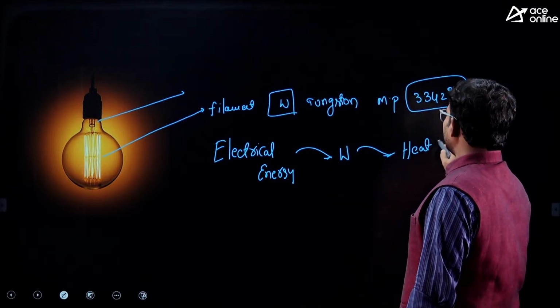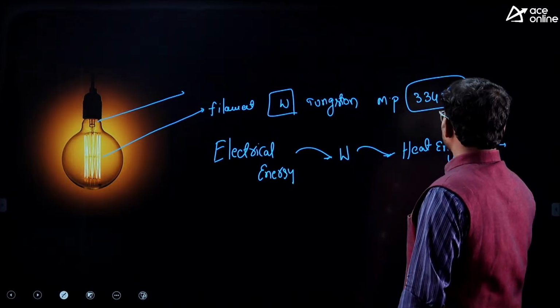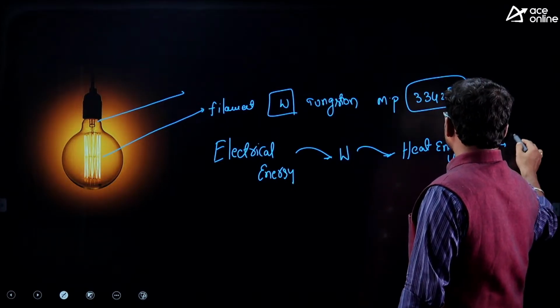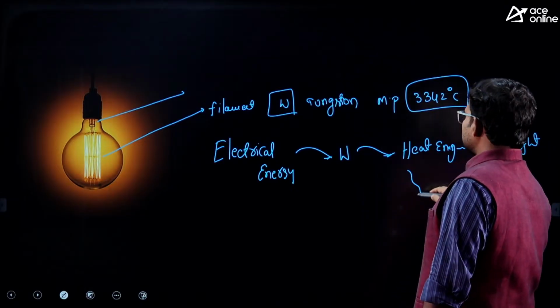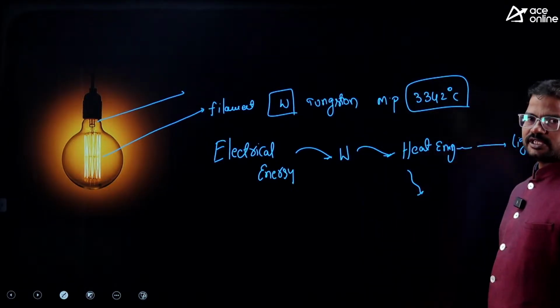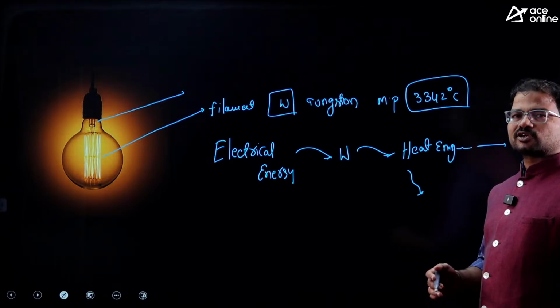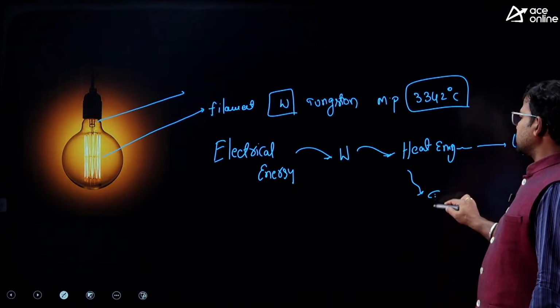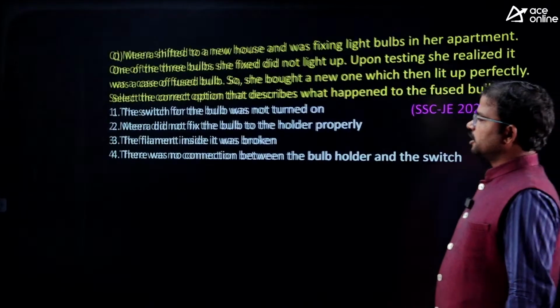Next, that heat energy can be converted into light energy. From these filament bulbs, there is a possibility to get some amount of electromagnetic radiation, that is nothing but infrared radiation.